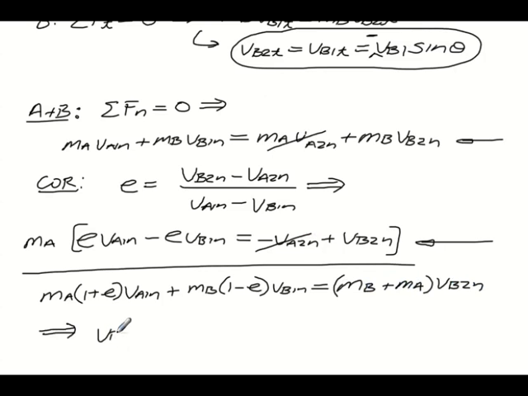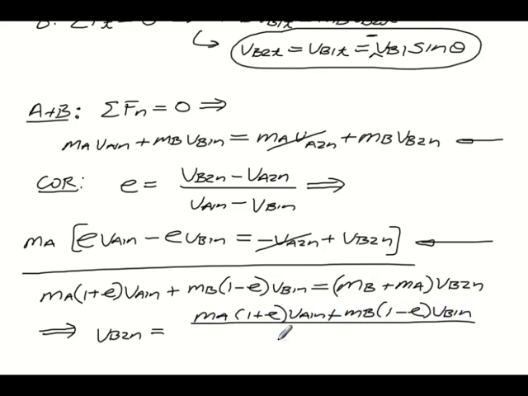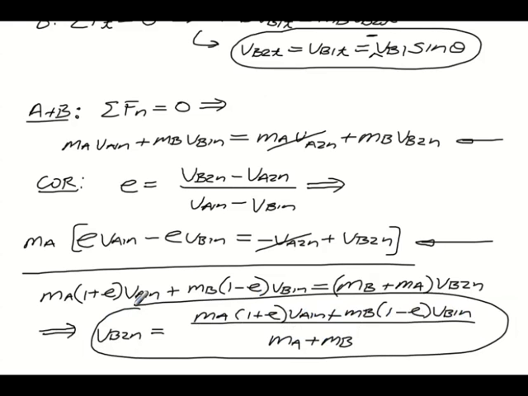So from this we get VB2N is equal to MA(1 plus E)VA1N plus MB(1 minus E)VB1N, divided by the total mass here of MA plus MB. So this is just a process that we go through in order to solve those two equations.